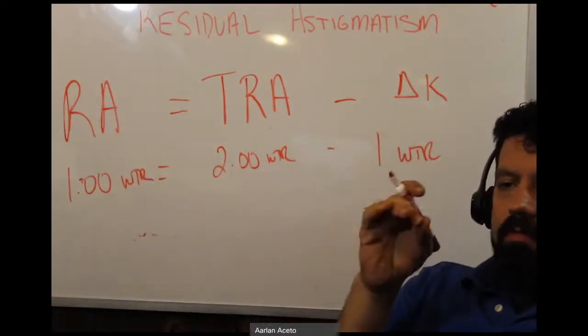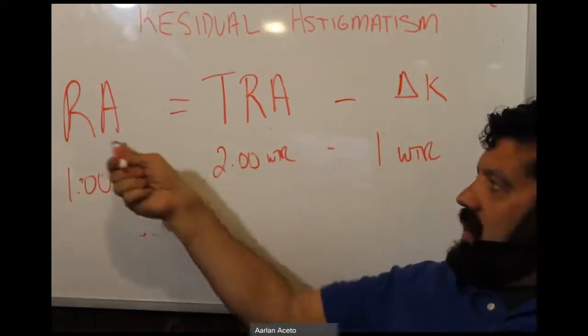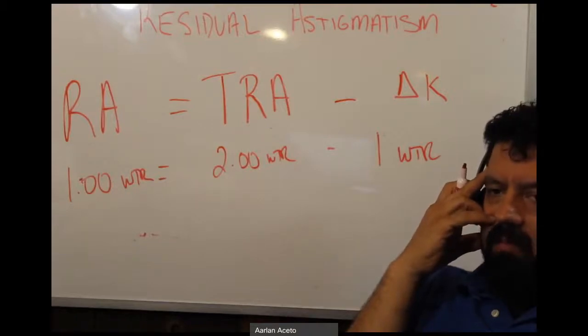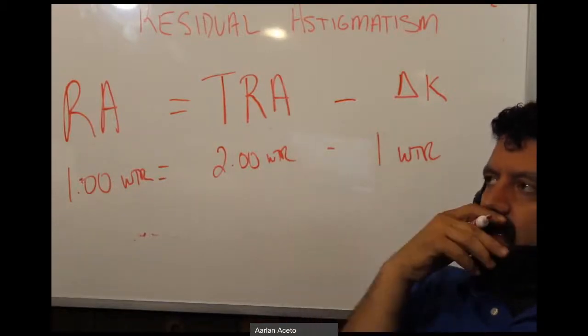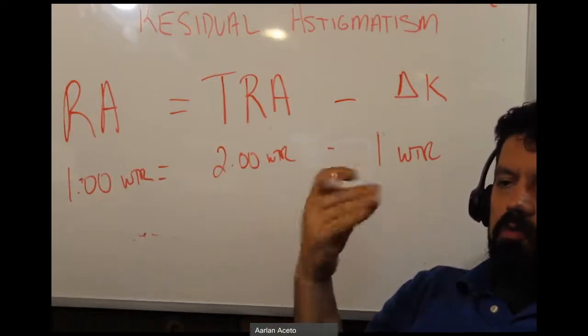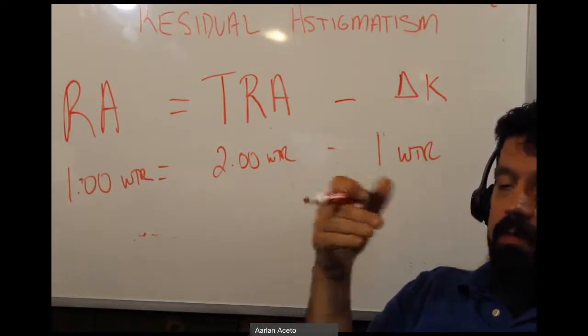I would argue for our purposes, for this class, as long as the residual astigmatism is essentially less than a half a diopter, the gas permeable sphere lens should work relatively well enough to provide good visual acuity for our purposes.